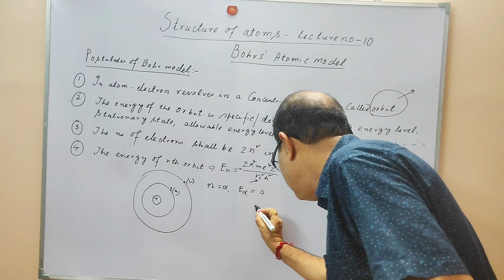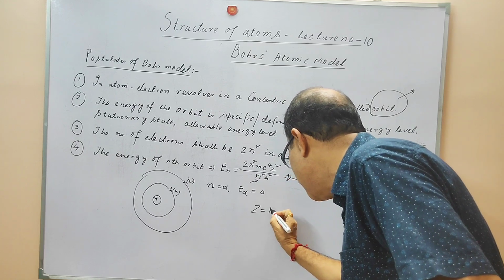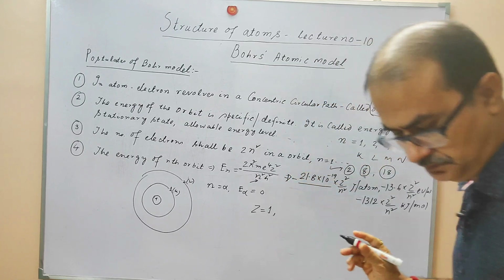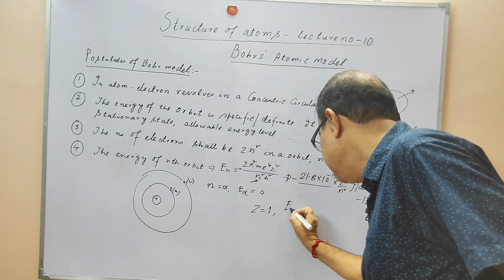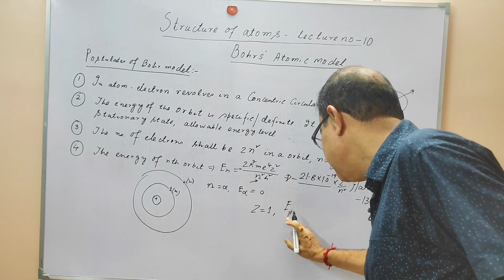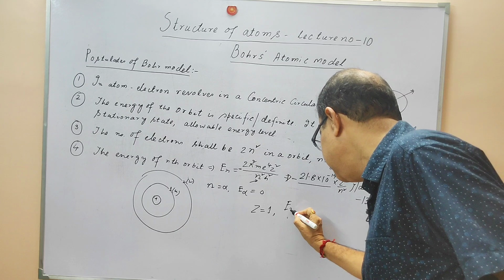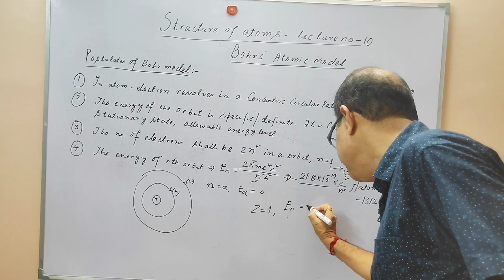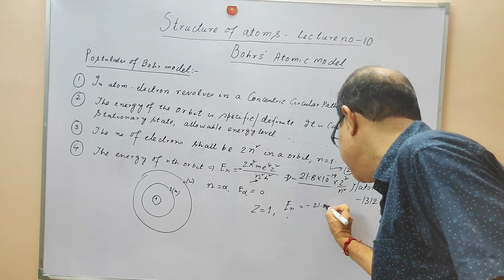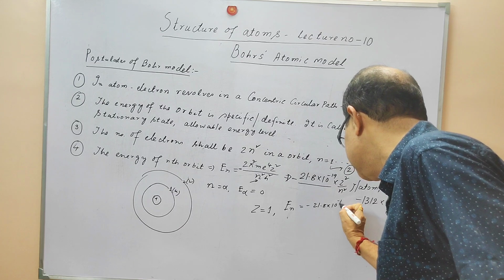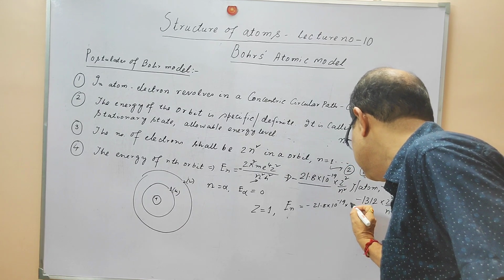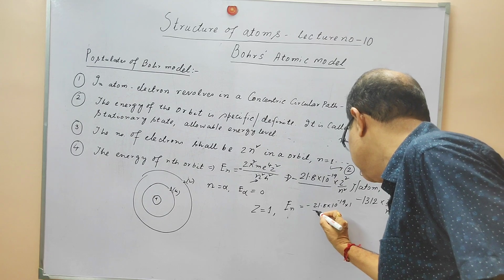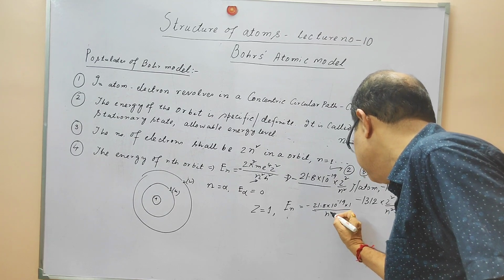For the hydrogen atom, we know Z equal to 1. Then the energy of the nth orbit will be minus 21.8 into 10 to the power minus 19 J, multiplied by 1, divided by n square.